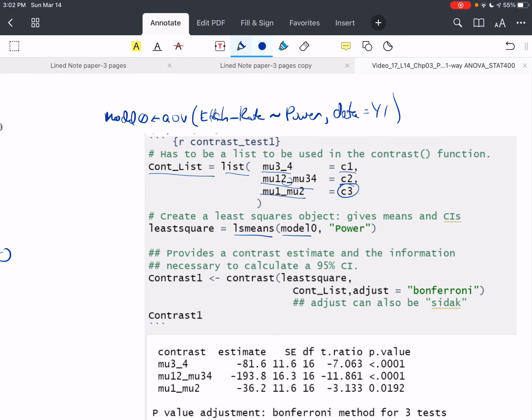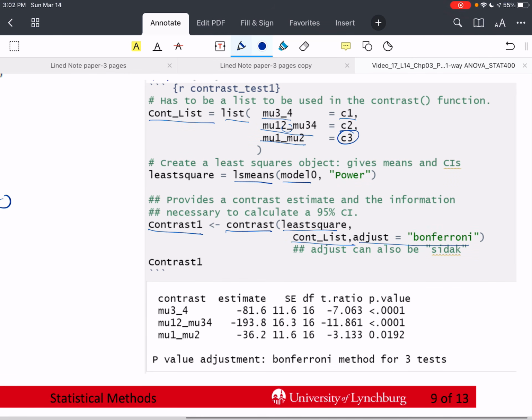Okay? And so we run this, and then we have contrast 1. We use the contrast function on least square and cont list, and the adjustment is the Bonferroni. We can also use the Sidak. And then if we do the contrast, what this gives us is the test. We could pull this information out and create the confidence intervals, but this doesn't do it for us.